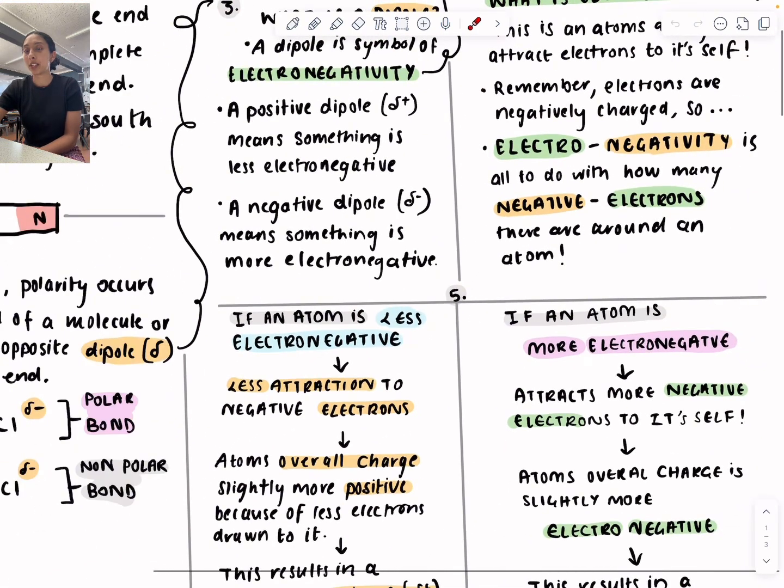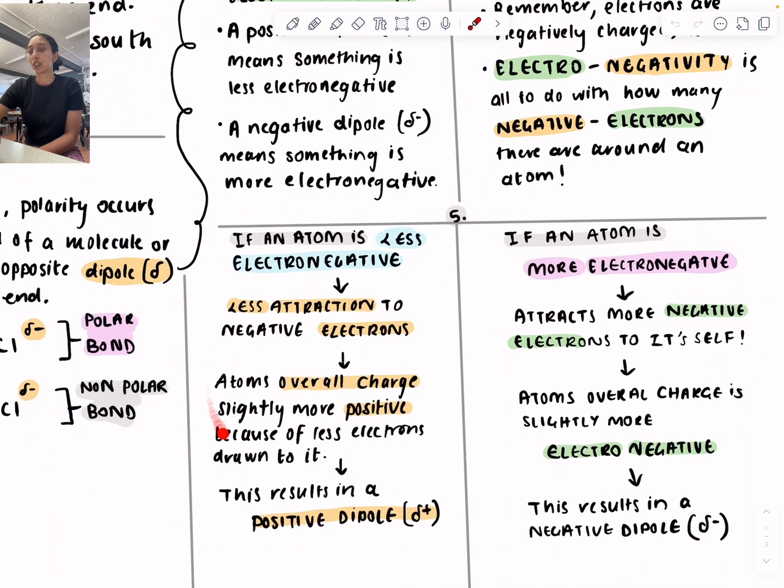I've made a little bit of a table here. I want you to focus on this section of my notes. And so basically, let's look at what happens if an atom is described as less electronegative. If an atom is less electronegative, this means it has less of an attraction, or it's able to attract electrons very poorly.